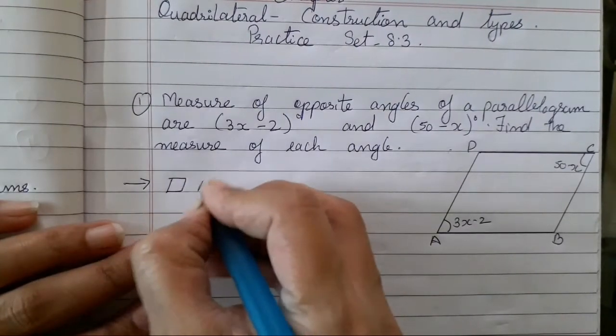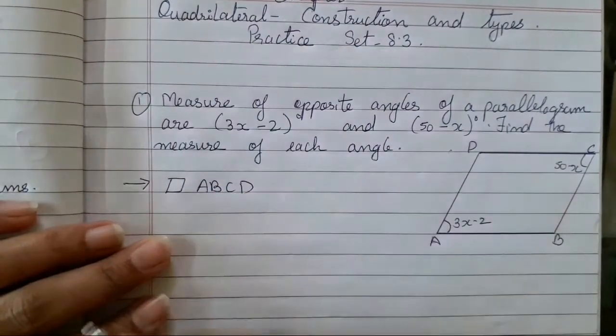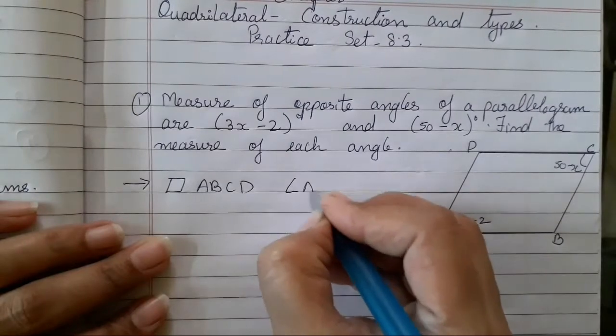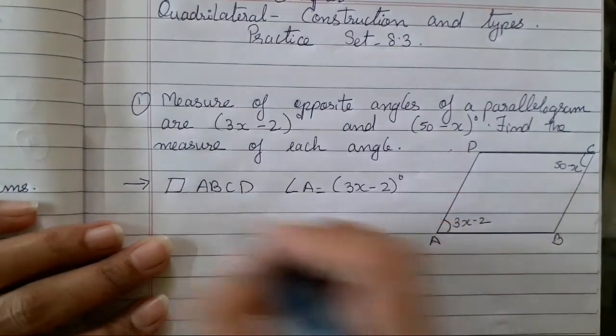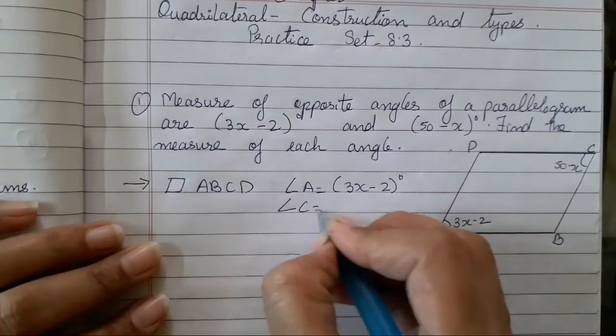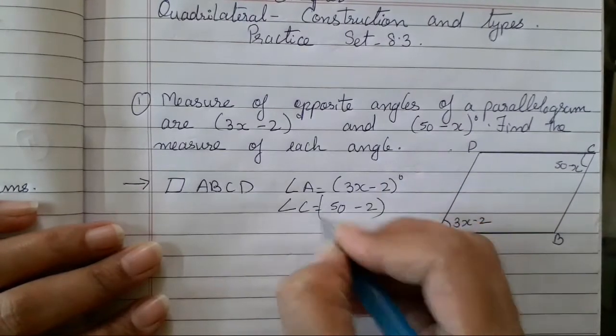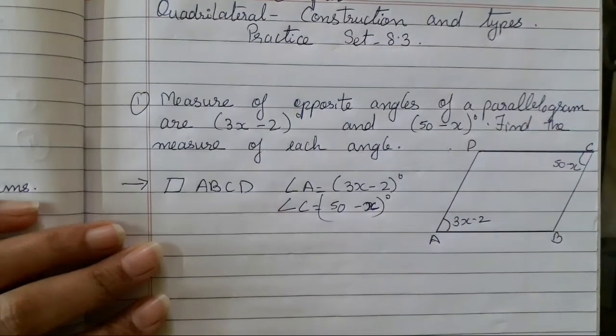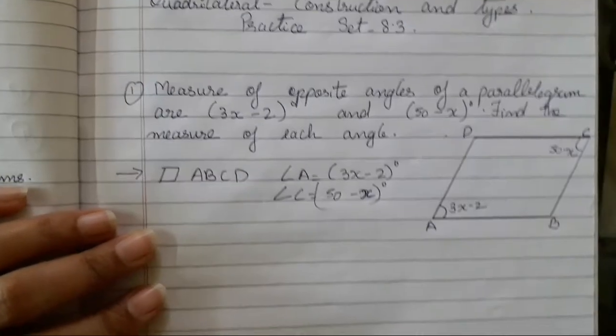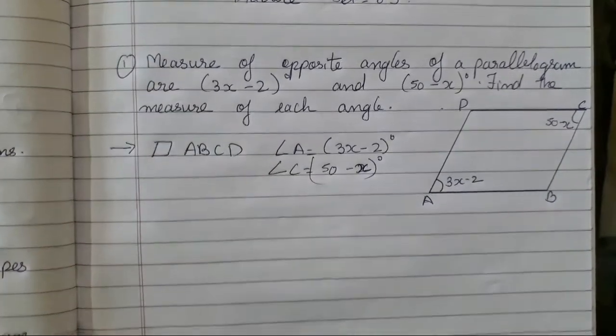So first, parallelogram ABCD, in which measure of angle A is 3x minus 2 degrees and measure of angle C is equal to 50 minus x degrees. Okay, that is what we have written for the diagram also. Is it visible to you all?